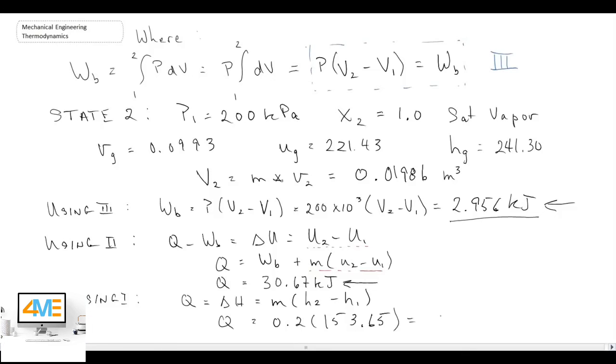And when we do the calculation here, again we get 30.67 kilojoules. So the fact that this and this are in agreement is good, because that's what we would have expected. Both of the techniques will work. One you use internal energy and the other you use enthalpy to solve the problem. So that concludes that example problem.